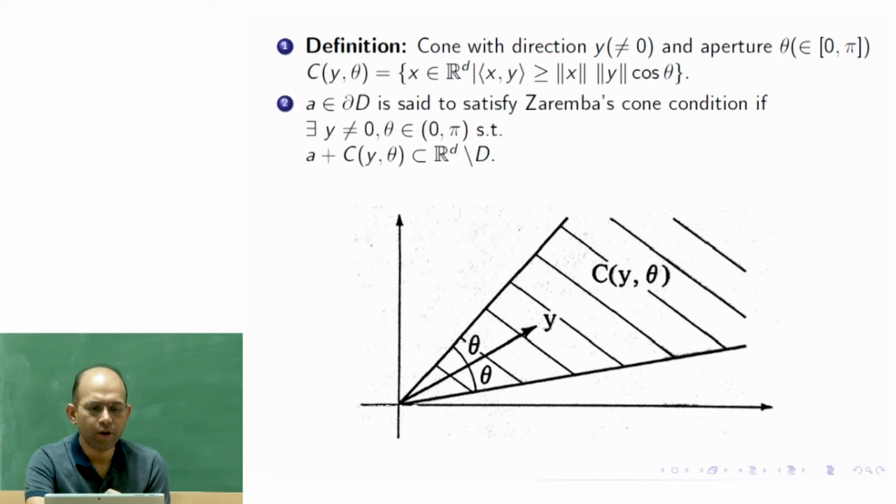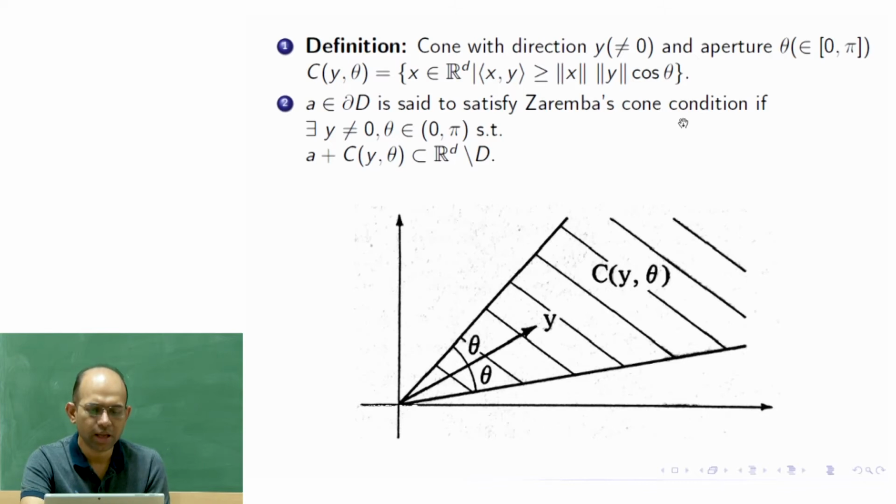A point A in the boundary of the domain is said to satisfy Zaremba's cone condition. Zaremba is a mathematician, and we call it Zaremba's cone condition because these are the things which were studied by him.